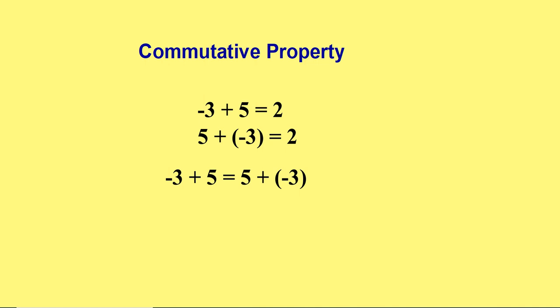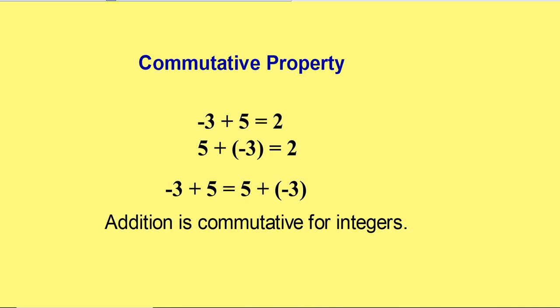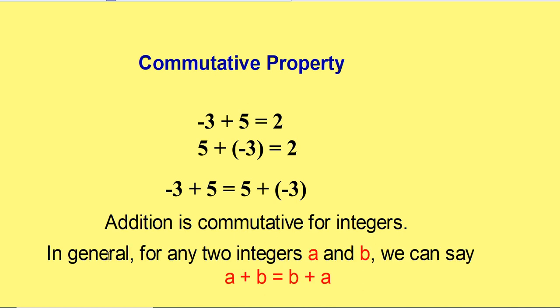So we can say addition is commutative for integers. Now in general we can write, for any two integers a and b, a plus b is equal to b plus a.